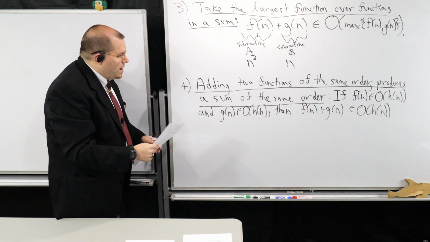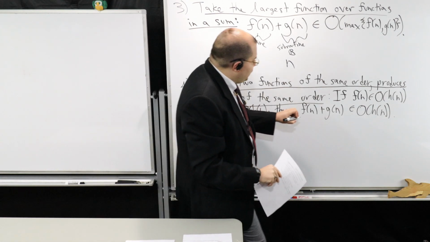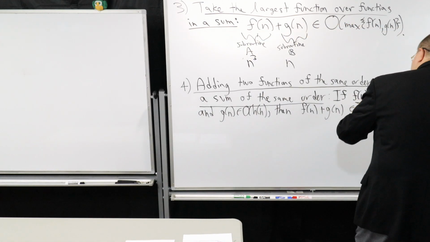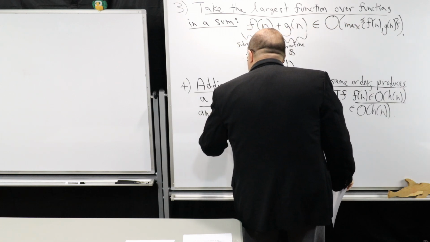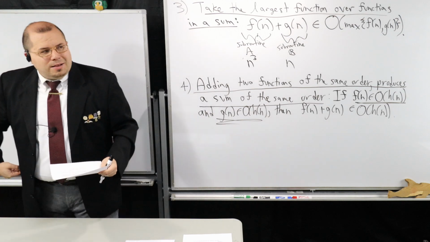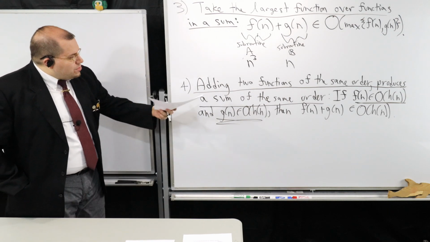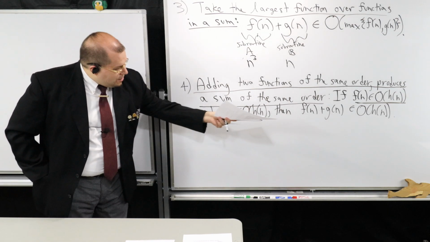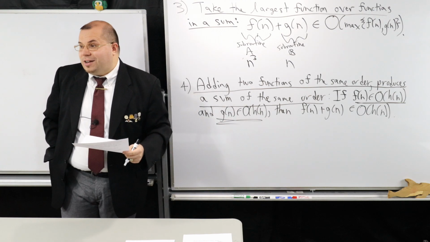So I can use in my proof that f is big O of h and that g is big O of h. I'm going to use these facts to get me to f plus g is big O of h.